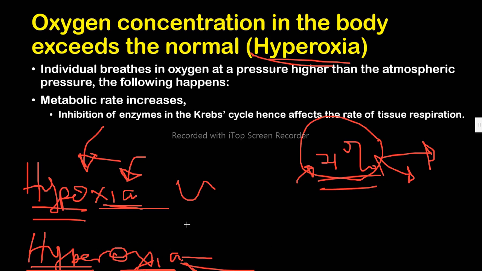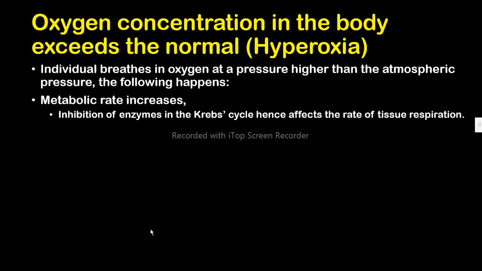So what happens is when oxygen is above normal, the rate of metabolism is going to be so high. Because oxygen is enough, then you have to use the oxygen. Then when oxygen is extremely high, the enzymes responsible for the Krebs cycle are inhibited. And hence tissue respiration is broken down. You break down the rate of respiration.